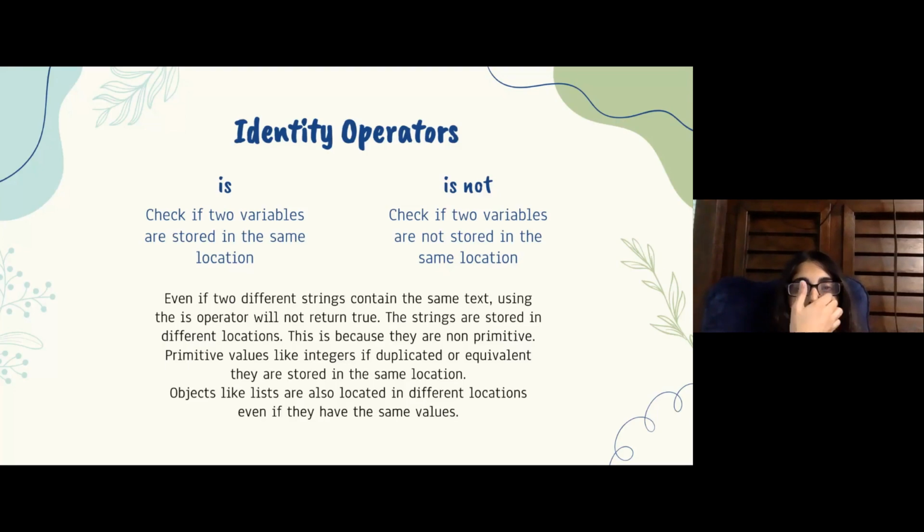They are subject to change at any time, so they're not going to be stored in that same location. So I could have list 1 with the coronavirus data and list 2 with the exact same coronavirus data. Those two, if I use this is, would return false because they are not the same list. They are different lists, and they're subject to change at any time.